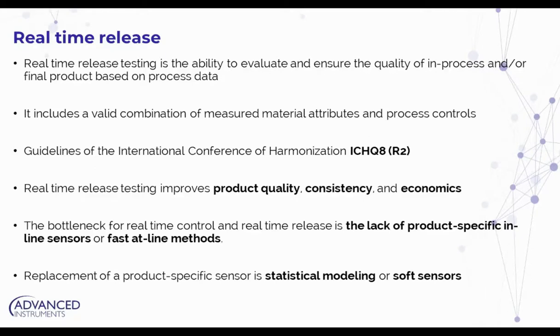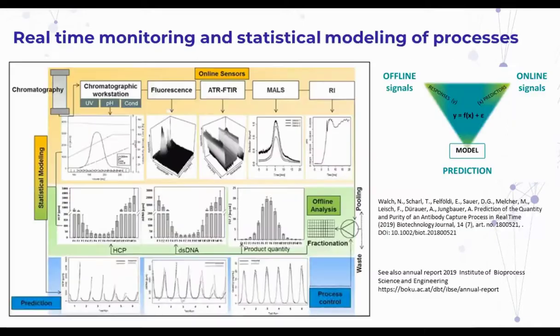The bottleneck for real-time control and real-time release is often the product-specific inline sensors or fast online monitors. These fast online methods can be replaced by statistical models, also known as soft sensors.